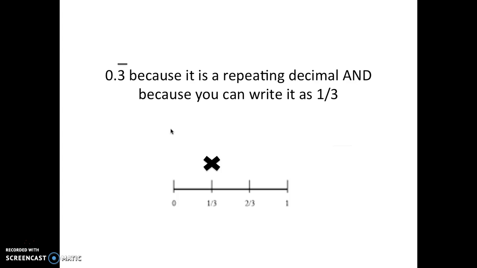And my last example is a repeating decimal, 0.33333, going on forever. That line above it means it goes on forever. And we know that that's a rational number because, first reason, it's a repeating decimal. And the second reason, because you can write 0.33333 going forever as 1/3. And you can plot 1/3 on a number line.